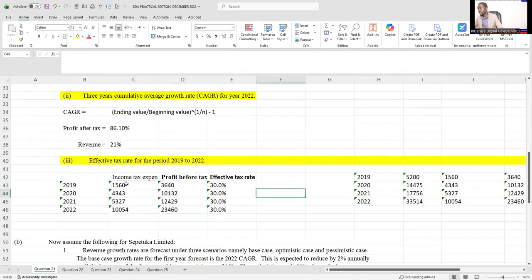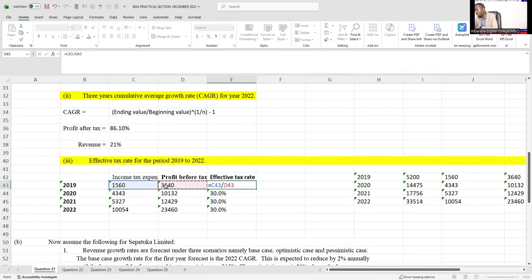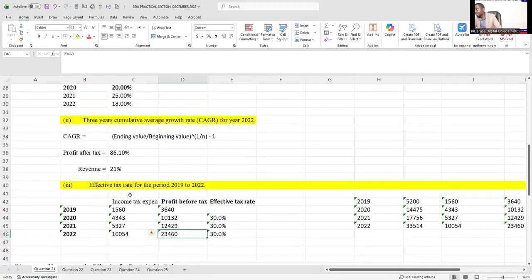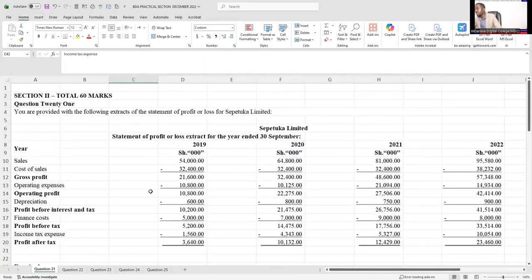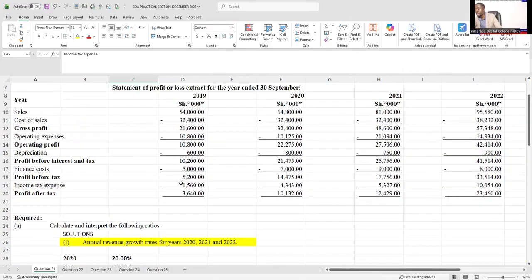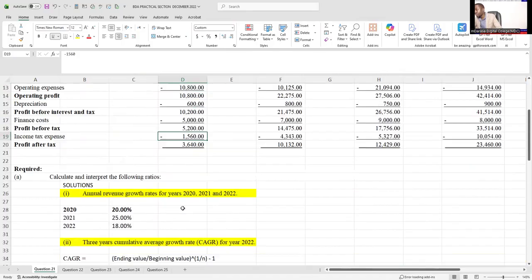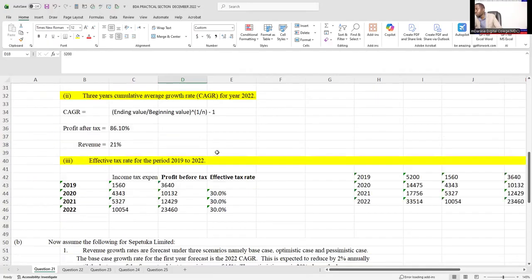So that anytime we are determining this, given our period, how have they achieved 30%? That is to take income tax expense, divide by the profit before tax. Income tax expense, which we were given, 1560. Divide by profit before tax, 5,200.